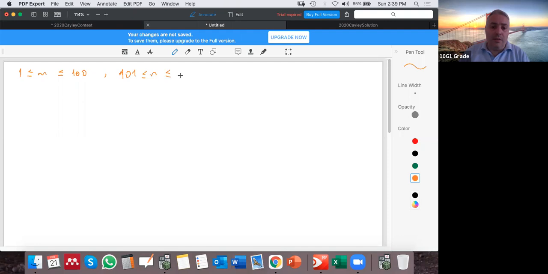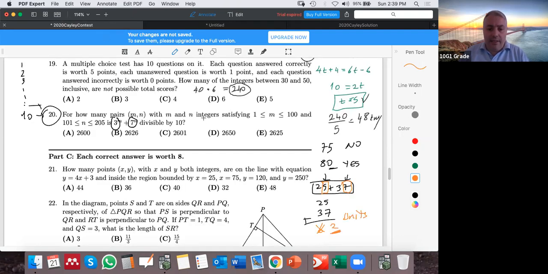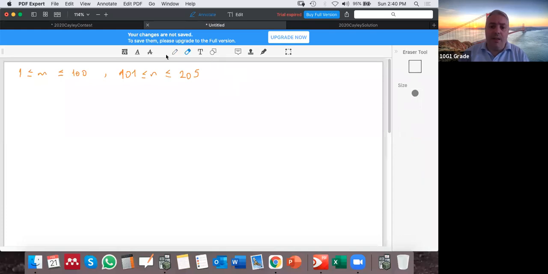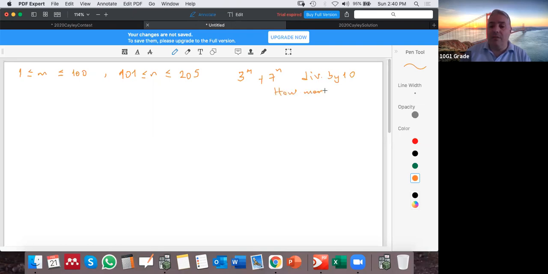These are integer numbers, which is important. 3 to the power of m, 7 to the power of n, divisible by 10. How many pairs (m, n) do we have?